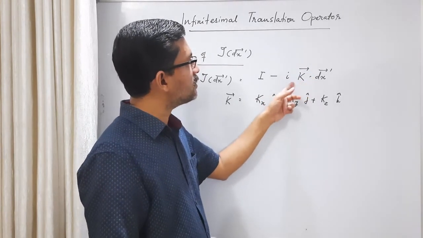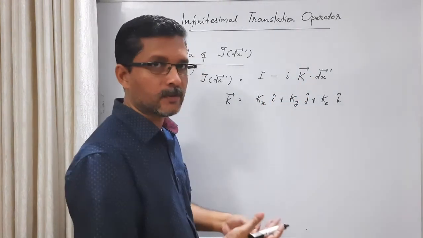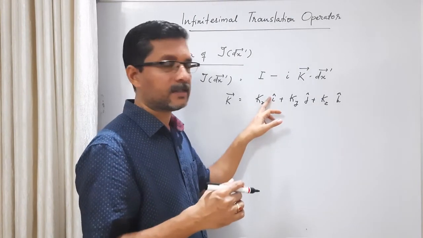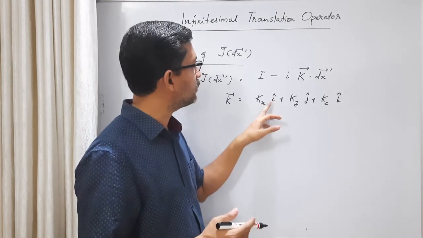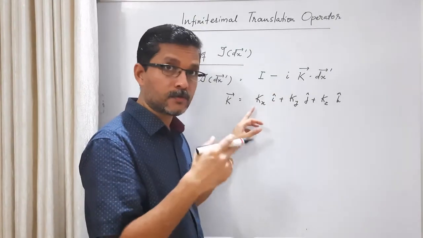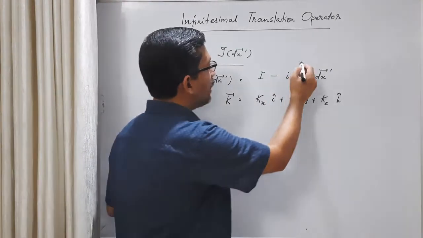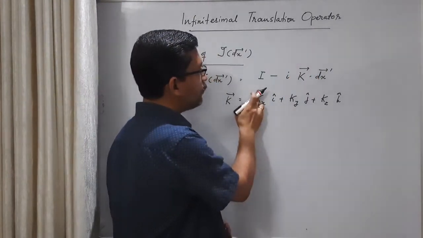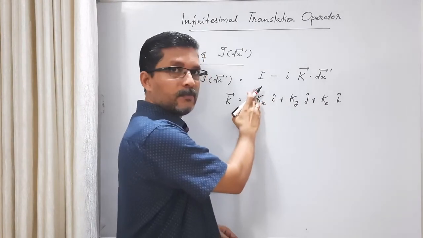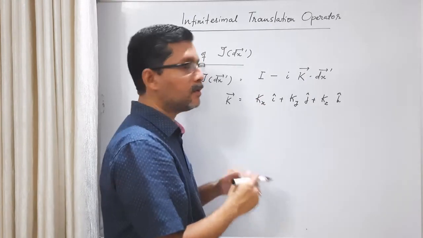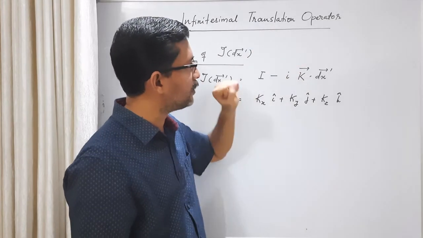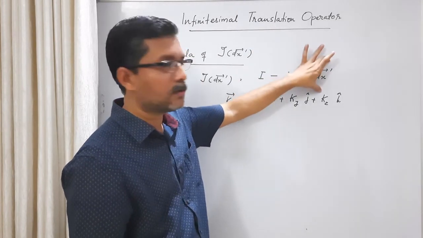In some books, a cap, this type of a cap, is used as the operator symbol. If we use a cap here, then we have to use the cap for these components also. Then this cap is for the unit vector and this cap will be for the operator, but that will be confusing. So I am simply using this single vector symbol. You have to understand from the context that this is an operator and this is an ordinary vector.